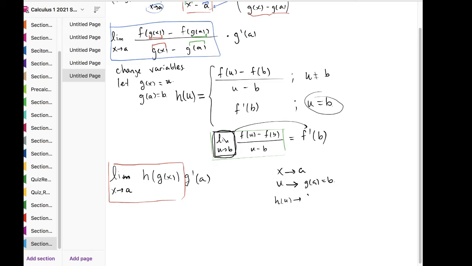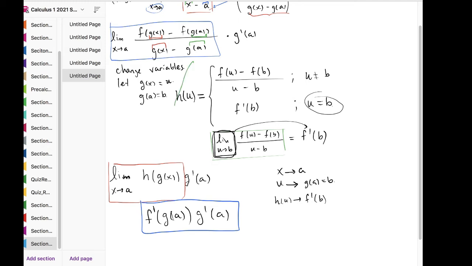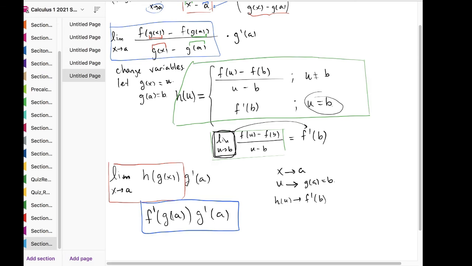And then plug back in variables. What is f prime of b? It's precisely f prime of g of a. Okay, so what was the whole point of this? Our goal was to construct a continuous function. Why? Because we know a property of continuous functions is that the limit of a continuous function is just plug it in.